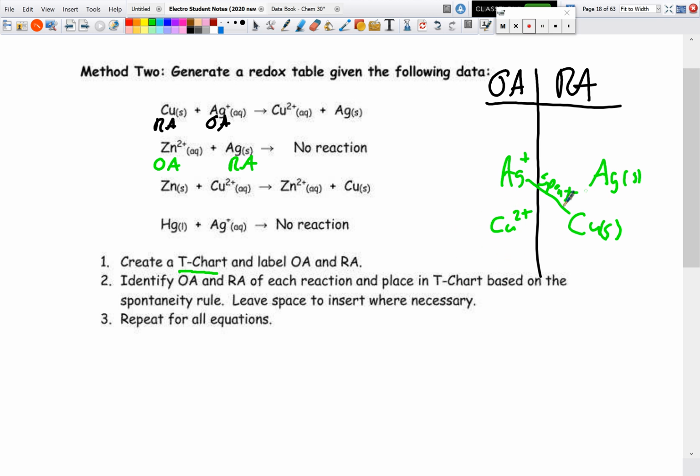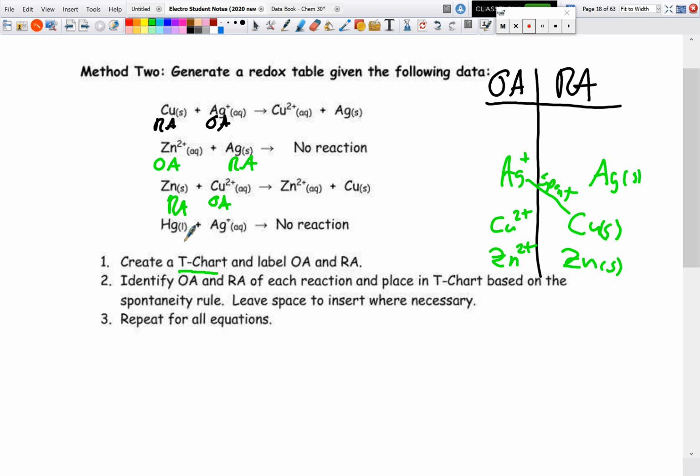Now the thing is, I don't know what zinc is like when it's compared to copper, so that's why I'm looking at my second reaction, and I find that when zinc solid, which is a reducing agent, is mixed with my oxidizing agent of Cu2 plus, we have a reaction, meaning that my oxidizing agent is above my reducing agent. So therefore it's going to look like this because we have that spontaneous reaction here between Cu2 plus and zinc solid, and a non-spontaneous reaction between zinc 2 plus and silver solid.